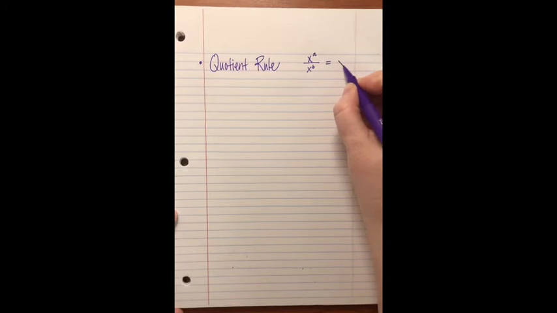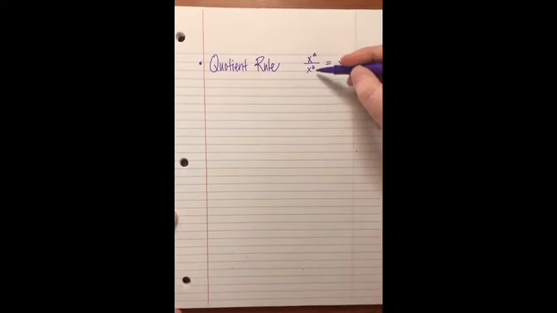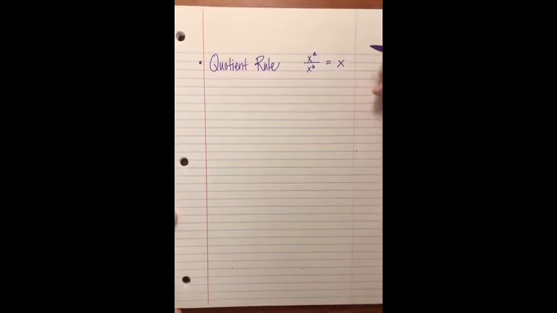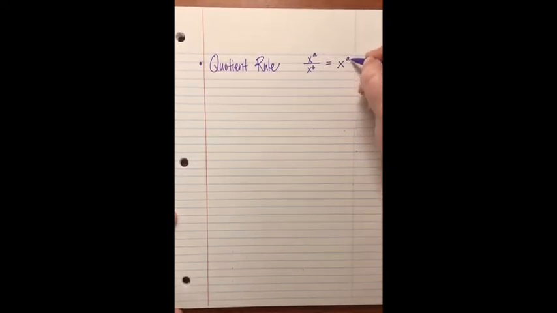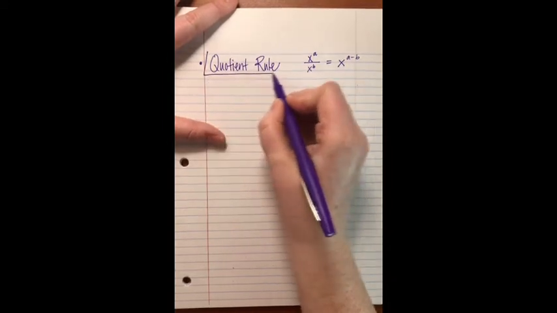So we keep the base and then we actually subtract. Now, does it matter which way, a minus b or b minus a? Absolutely, it matters. You take the top, subtract the bottom. Okay, so that's quotient rule in a nutshell.